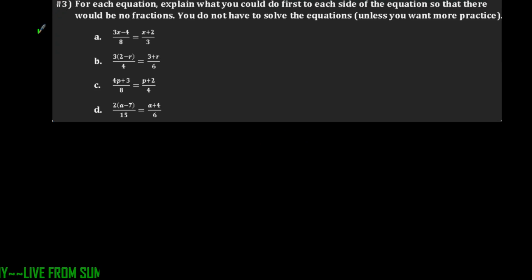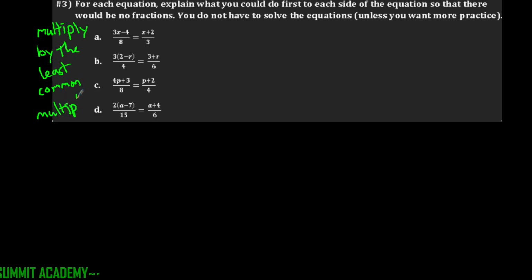For each of these, you're going to multiply by the least common multiple. What I mean by that is, if I look at these two numbers, what's the least common multiple?